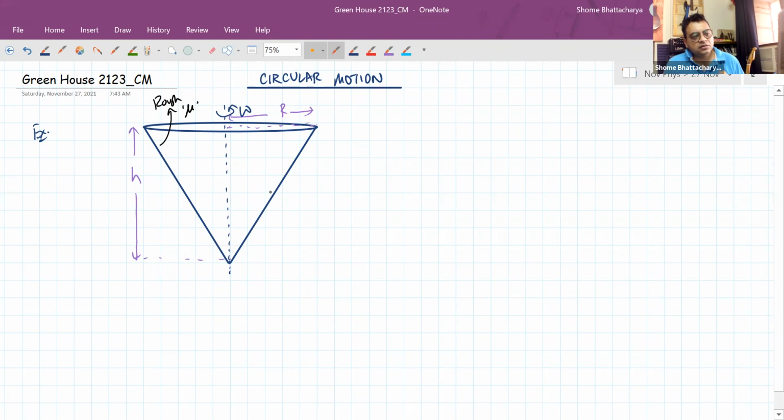Now there is a particle which is lying on the surface at a point which is at a height of h by 2 from the vertex.